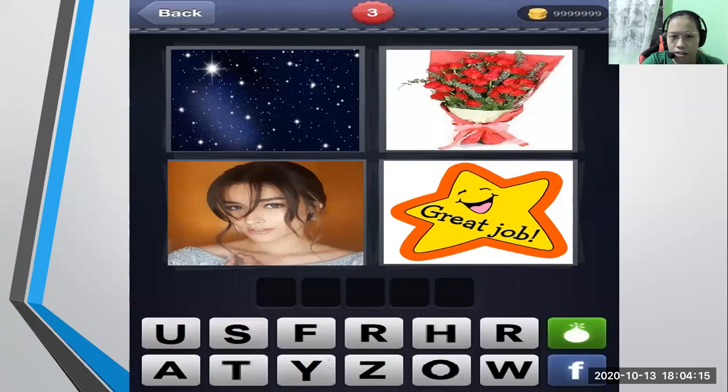So I think there's something wrong with this because it lacks letter S somehow. Because probably the word for this is star, probably. We'll see. We'll try to check.